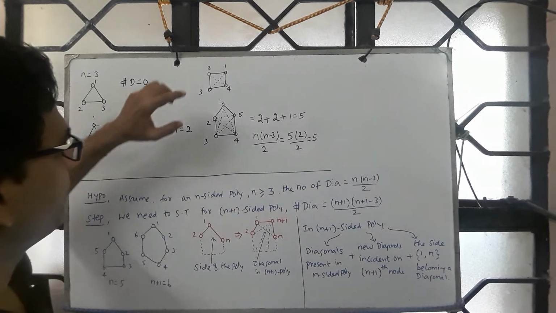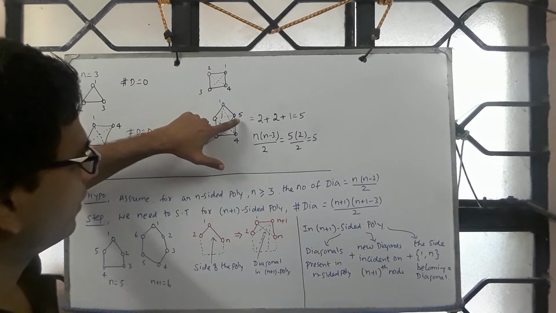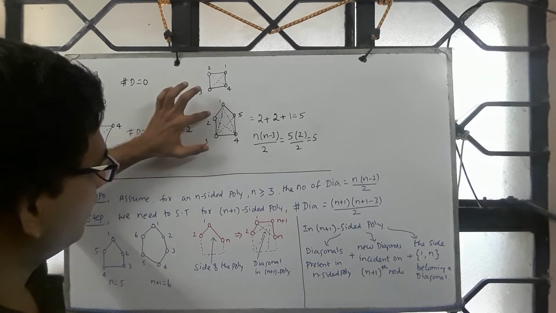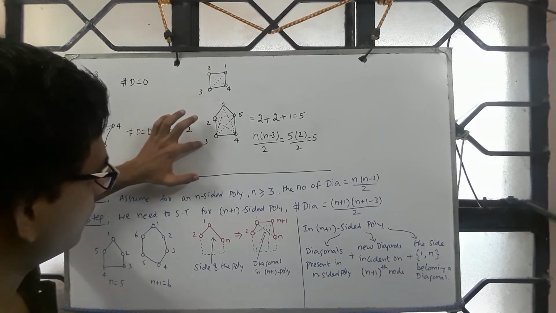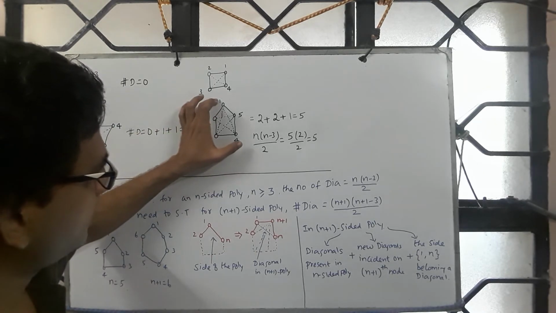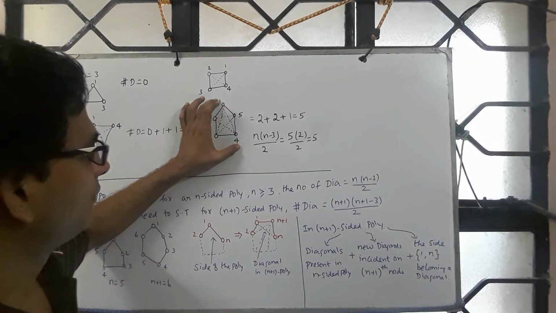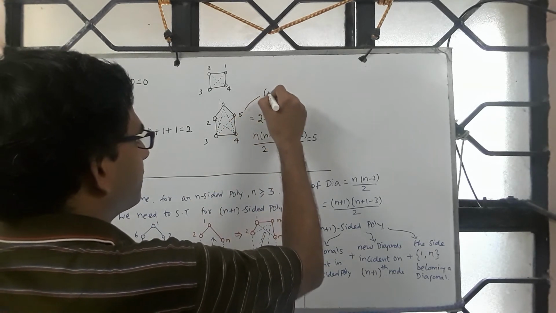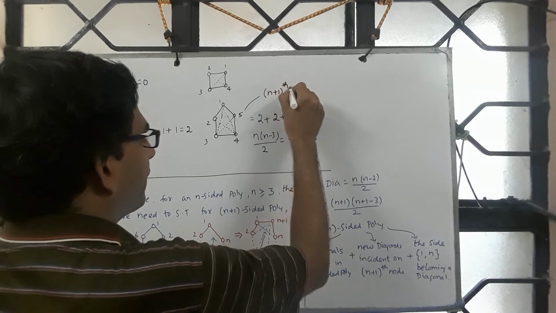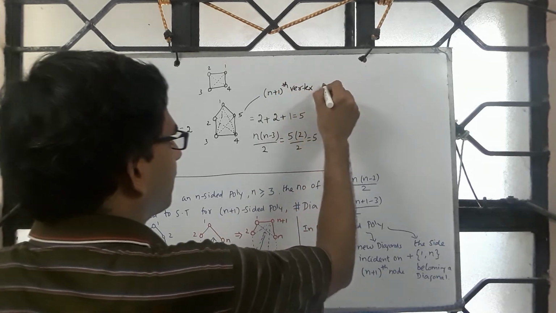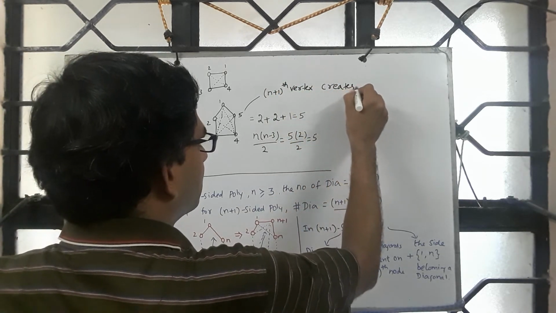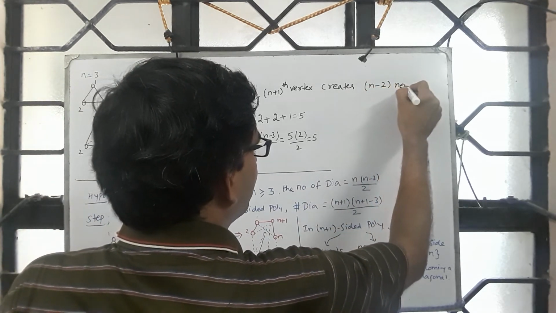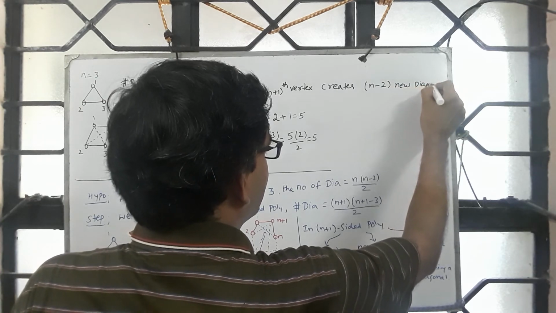In general, what is happening? When you bring the n plus 1th vertex, it will create new diagonals with all of them except these two, which means this n plus 1th vertex creates n minus 2 new diagonals.